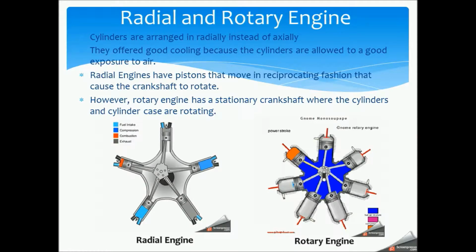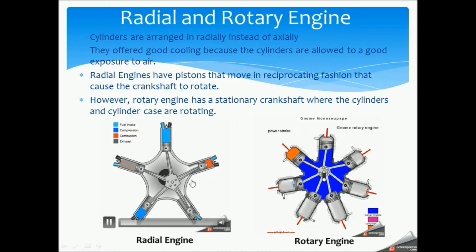Besides that, there are differences between radial and rotary engines. The difference is radial engines will have a moving or rotating crankshaft, but the crankcase and the cylinder itself are not moving in rotational motions.